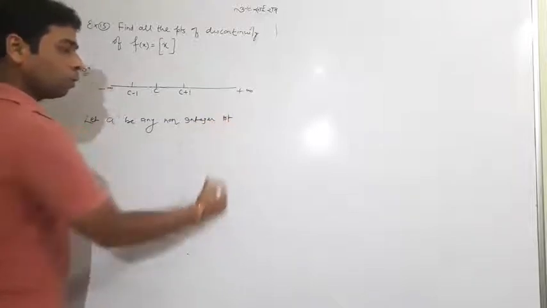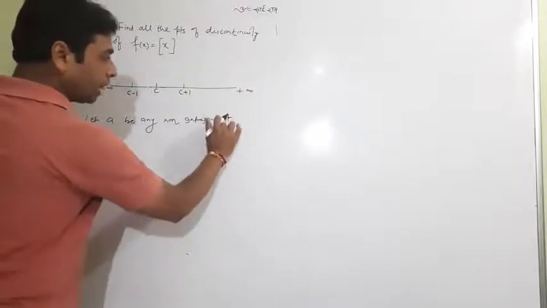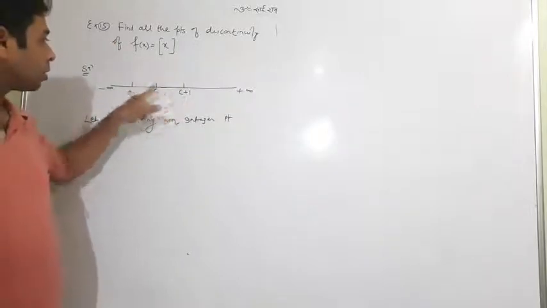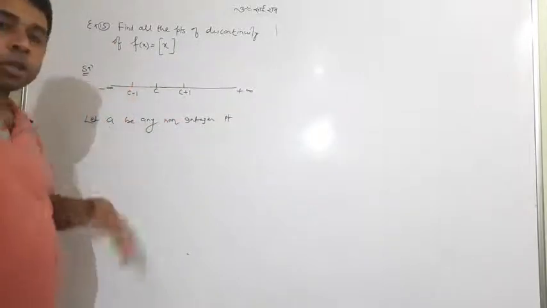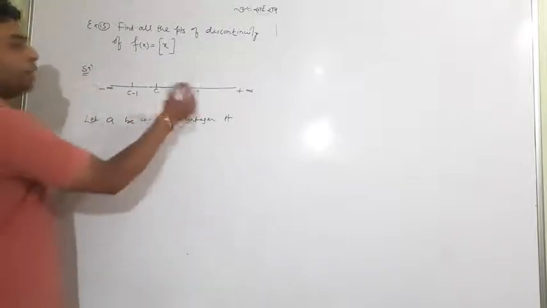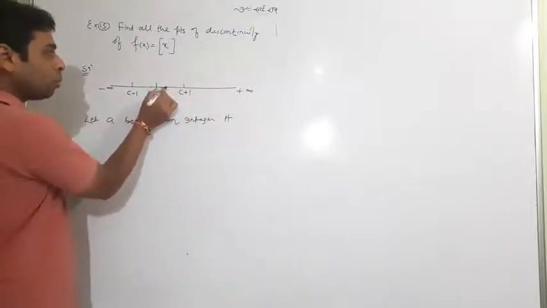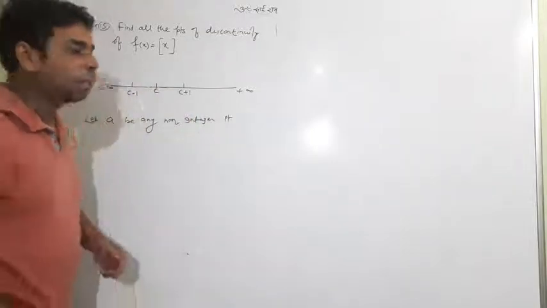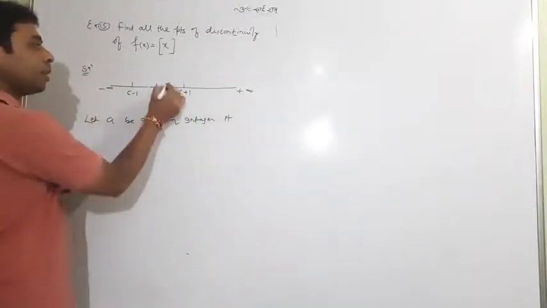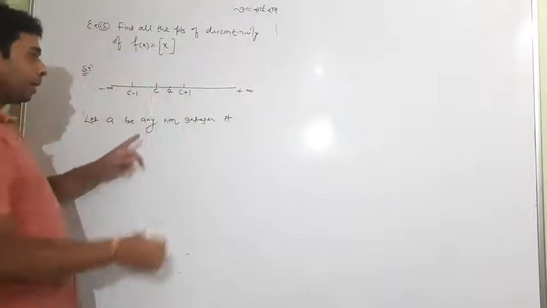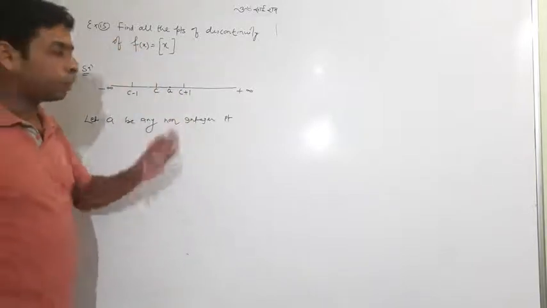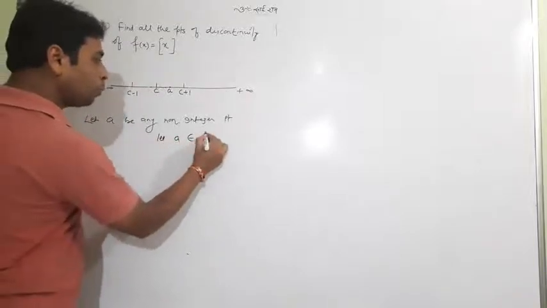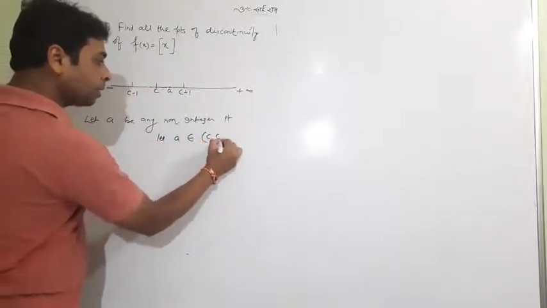So one should be clear that c is an integer, c plus 1 is an integer, c minus 1 is an integer. a is non-integer, so definitely it will lie between two integers, as you know that between two integers it is a non-integer. So I am taking intentionally that a is here. Let a be between c and c plus 1.